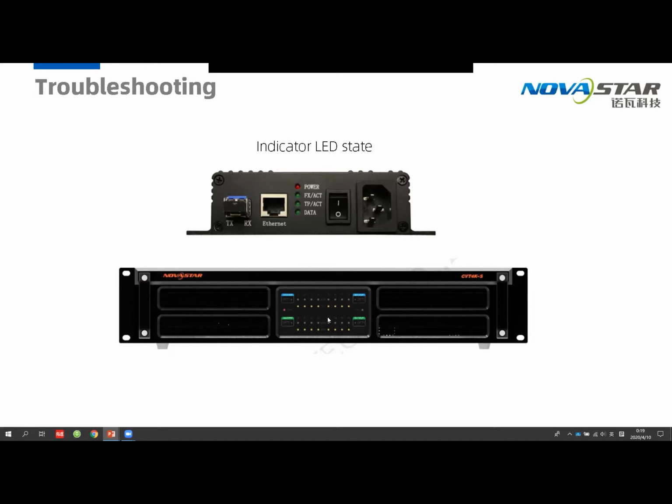The top one, the green light, is always on when you connect to the port. When the yellow indicator is flashing, it means the port is transmitting data. When the yellow indicator is always on, it means the port doesn't transmit data.